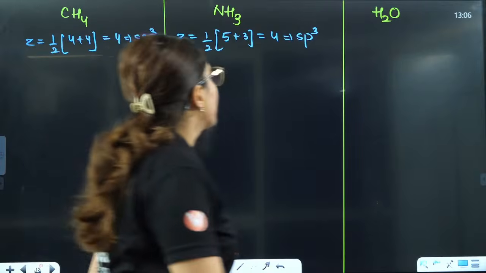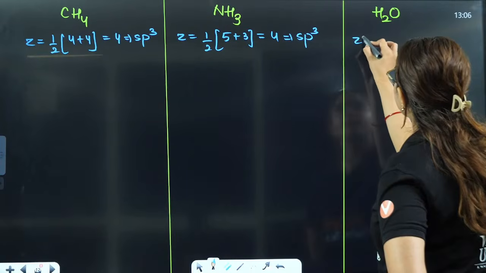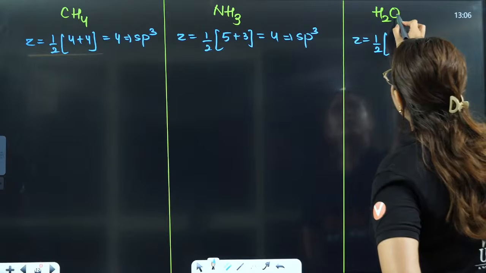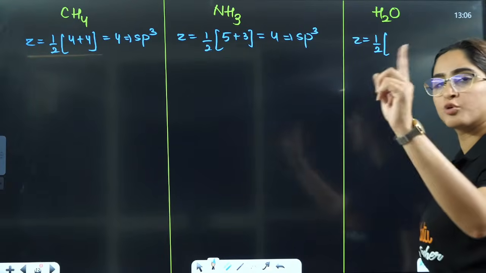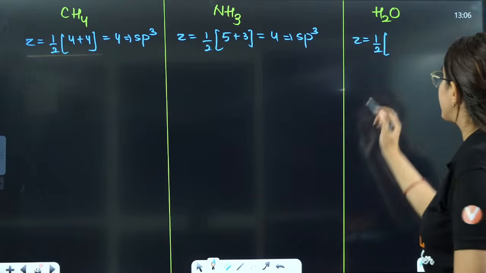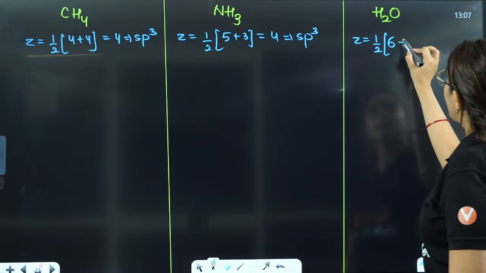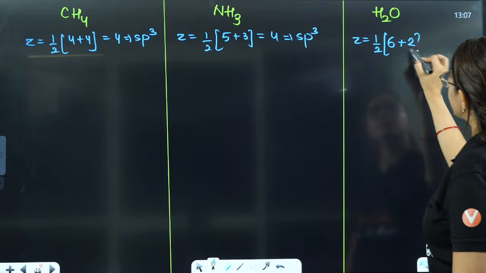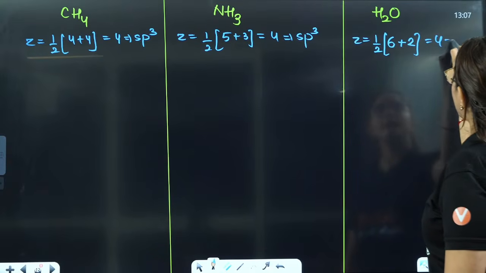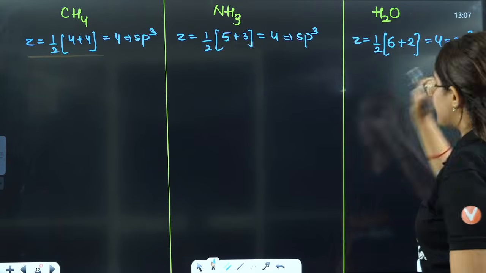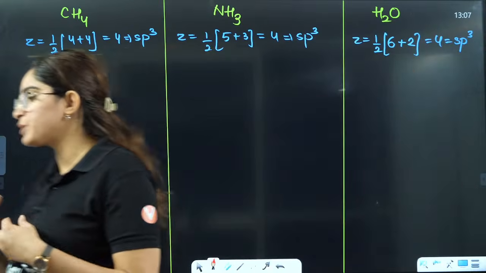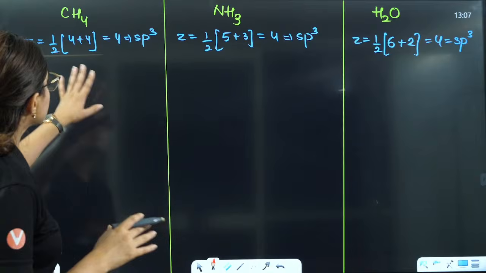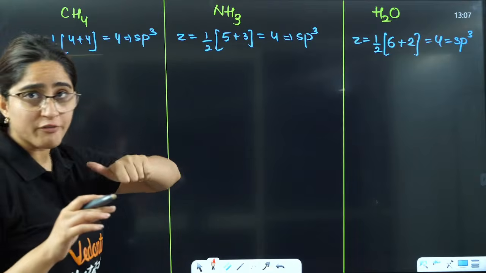Here also the same thing, the central atom is oxygen, which belongs to group 16, so 6 valence electrons, plus monovalent 2, 6 plus 2 is 8, by 2 is 4, that is sp3 hybridization. So this is sp3, sp3, sp3, that is perfect.